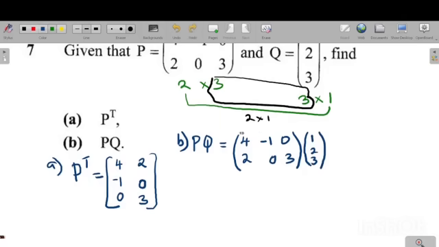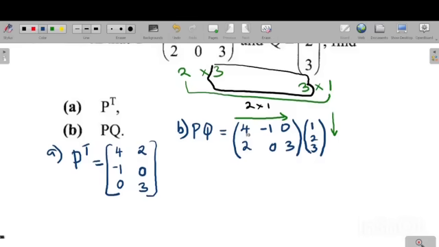So when multiplying matrices, you multiply the rows of the first matrix by the columns of the second matrix. Okay, so we're going to start with this row and finish with this column, and then this row and finish with that column.